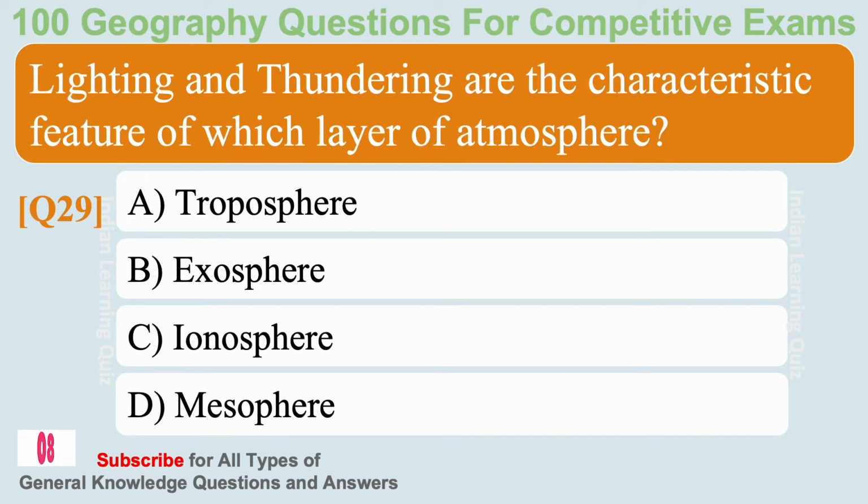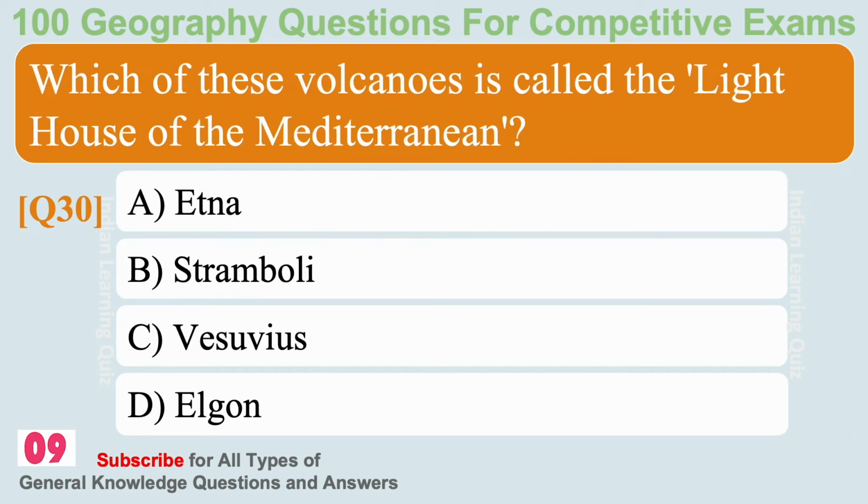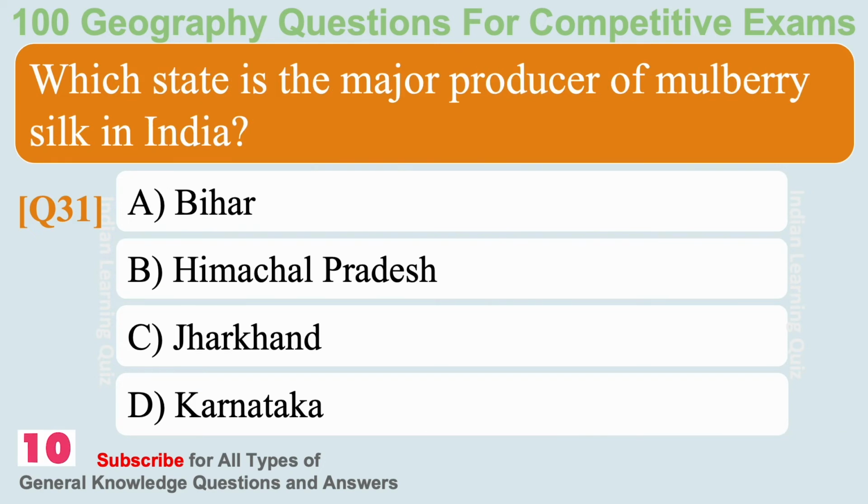Lightning and thundering are the characteristic feature of which layer of the atmosphere? Answer. Troposphere. Which of these volcanoes is called the lighthouse of the Mediterranean? Answer. Stromboli. Which state is the major producer of mulberry silk in India?